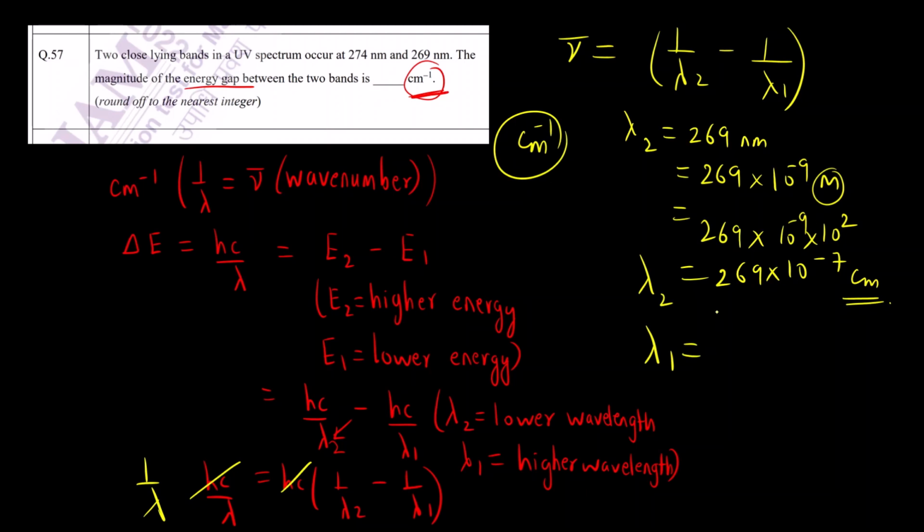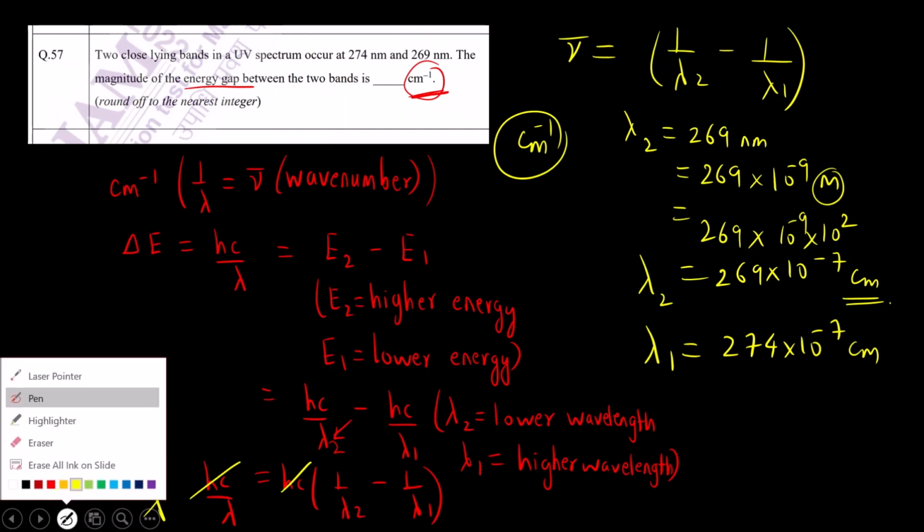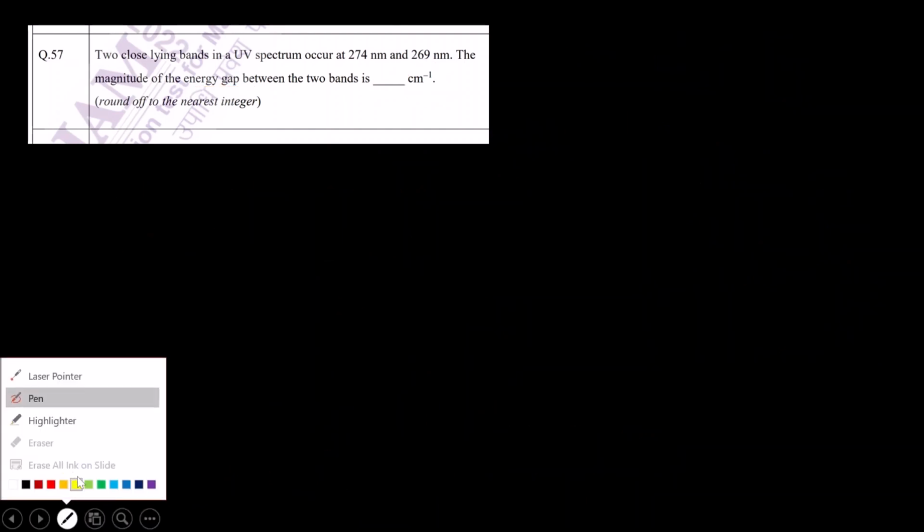Similarly, what will be lambda 1? Lambda 1 will be 274 into 10 raised to minus 7 centimeter. Now we can solve. Let me write down the formula.